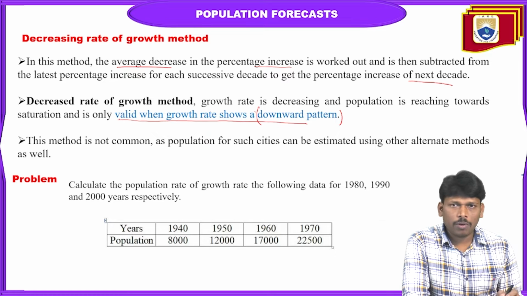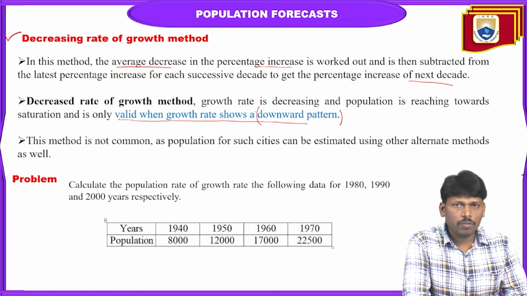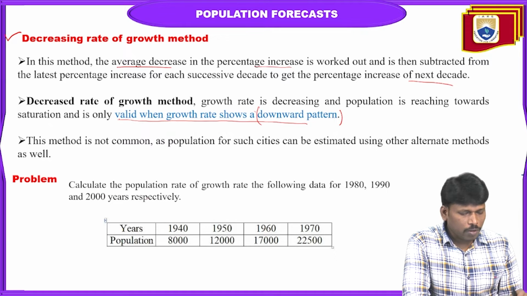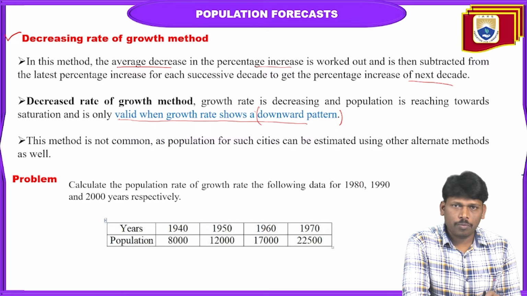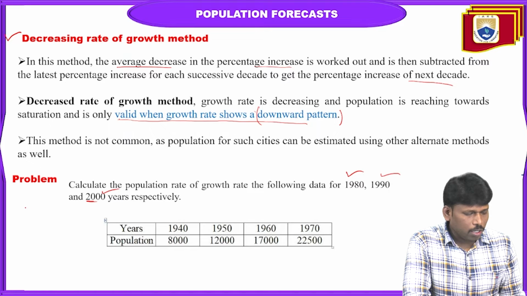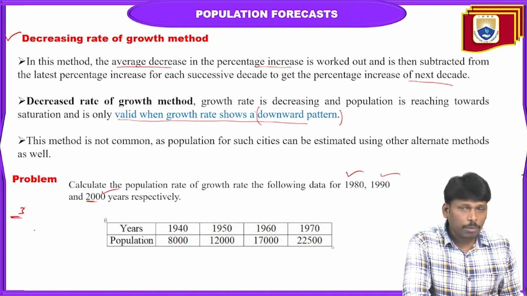Here, if I take one problem, we'll do population forecasting according to the decreased rate of growth method. The problem says very clearly that we need to estimate the population forecast for 1980, 1990, and 2000. So here the total number of decades is 3, that is, 30 years.